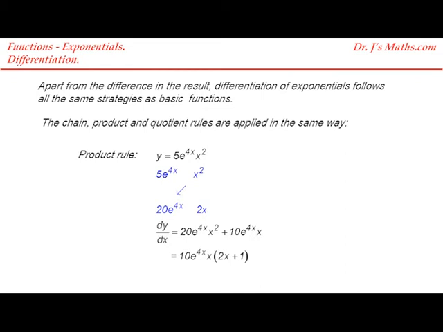My way of approach is write down the first term, write down the second term, differentiate both, and then start on the top right hand side. dy dx is equal to x squared times 20e to the 4x, which we can write as I've done there, plus, because it's a product and like a sum, 5e to the 4x times 2x, tidy that up a little bit, and then factorise out because we have a common factor of 10, we have a common factor of e to the 4x and a common factor of x. Put those down, brackets, and the remaining bit is 2x plus 1.